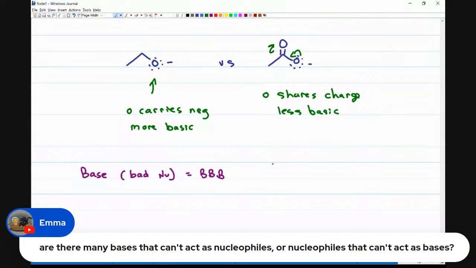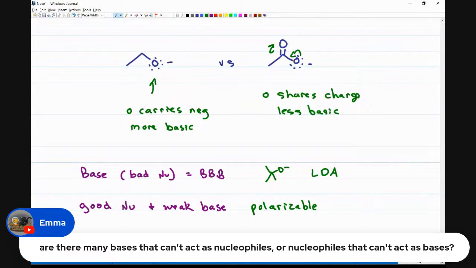The two examples that you would have learned would be tert-butoxide and LDA, lithium diisopropylamide. And the ones that are good nucleophiles and weak bases, I kind of hinted at before. This is when a molecule is polarizable.